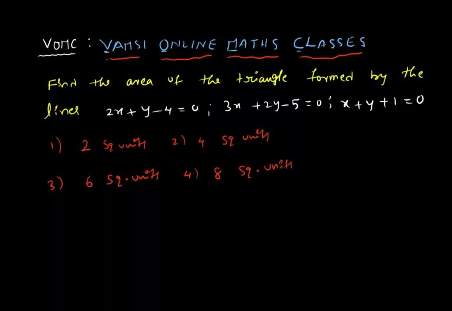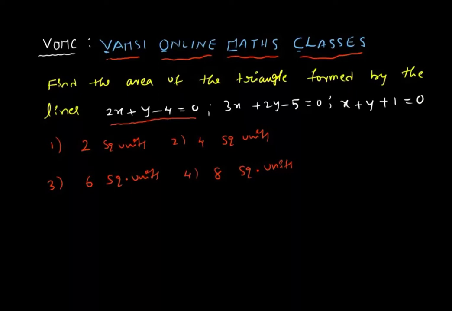Come to this question. This question is for you. Try to find the area of the triangle formed by these 3 lines. The lines are 2x plus y minus 4 equal to 0.